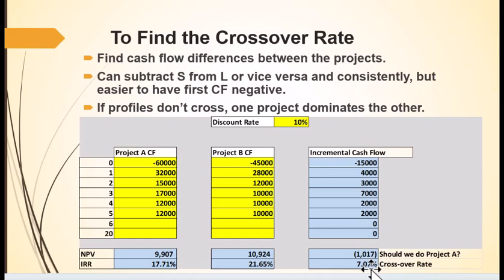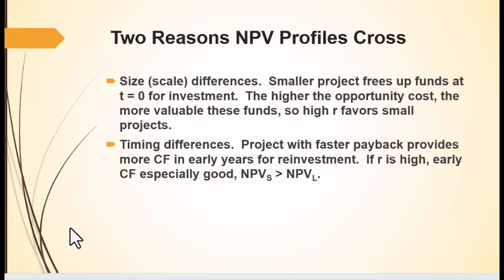So less than 7%, it appears that A will have a higher net present value, but to the right of 7%, B is going to have the better value. And we're obviously at a discount rate of 10%. So it turns out that B is the better of the two projects.